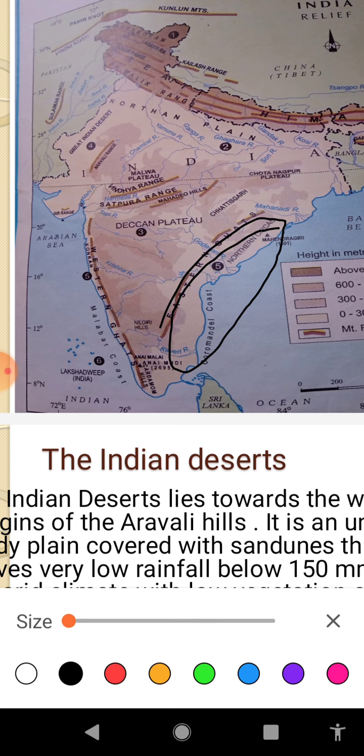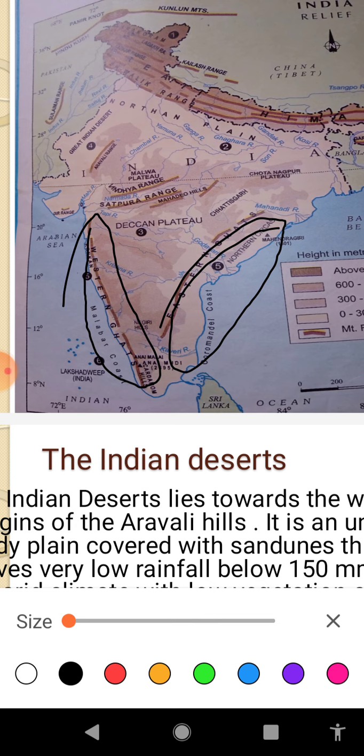With regard to the Western Coastal Plain, it is lying to the west of the Western Ghat. Here you can see a very narrow stretch of lowland just west of the Western Ghat. So this very narrow strip of lowland is termed as the Western Coastal Plain.